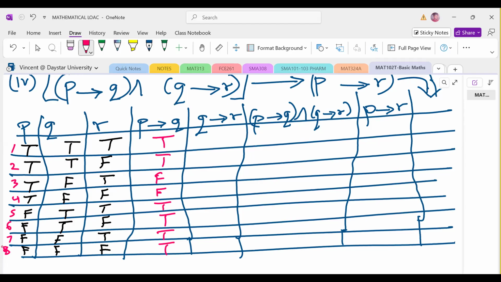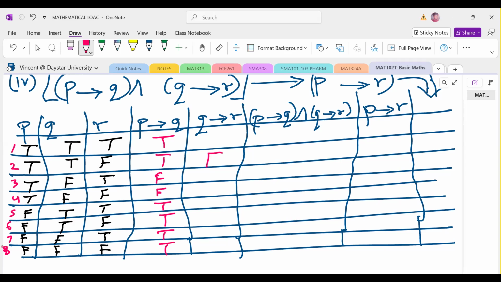Now which lines are going to give us an F? Line 2, correct.